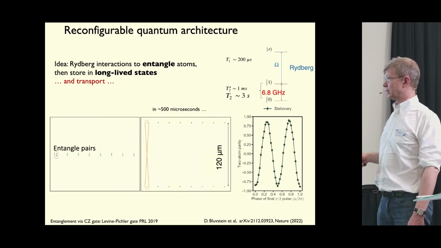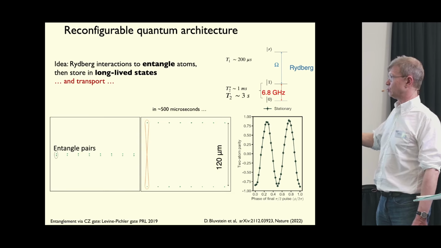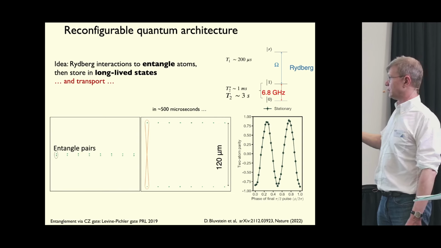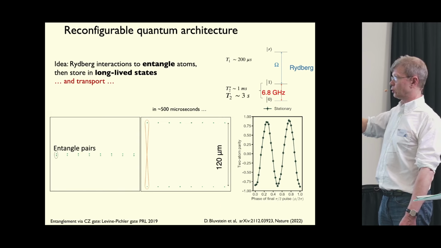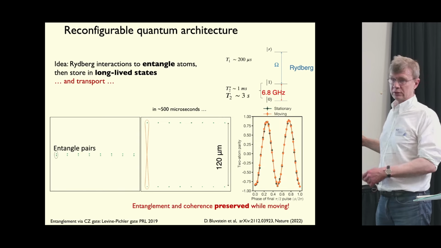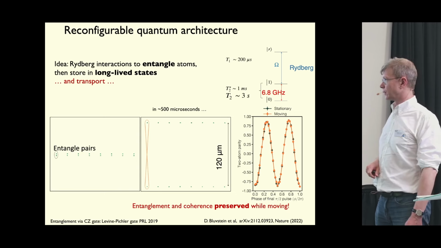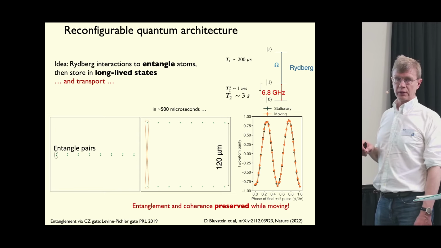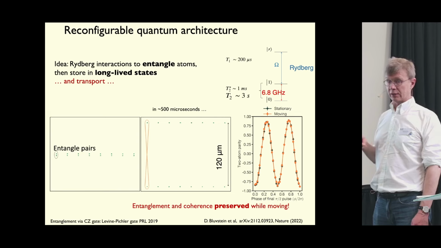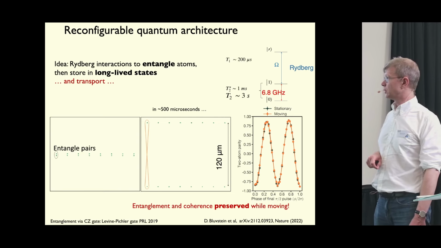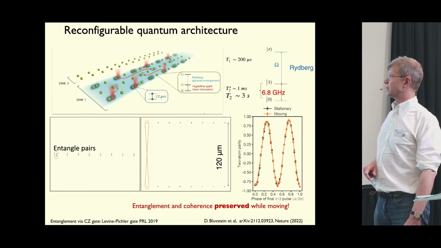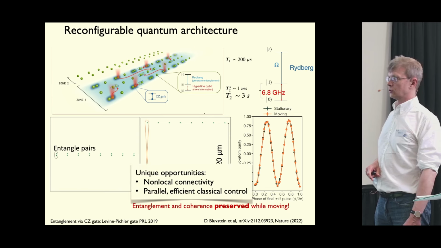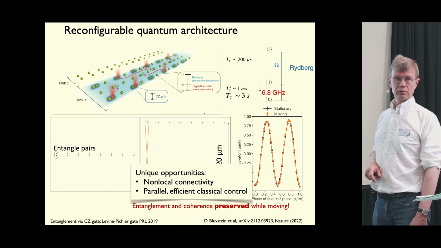In this first experiment, you move it across the field of view of the objective, prepare the entangled state, and test the entanglement in situ, and you see that it's completely preserved. These two ideas resulted in what I believe is by now a leading platform for quantum computing: this reconfigurable architecture. That will be the subject of tomorrow's talk.